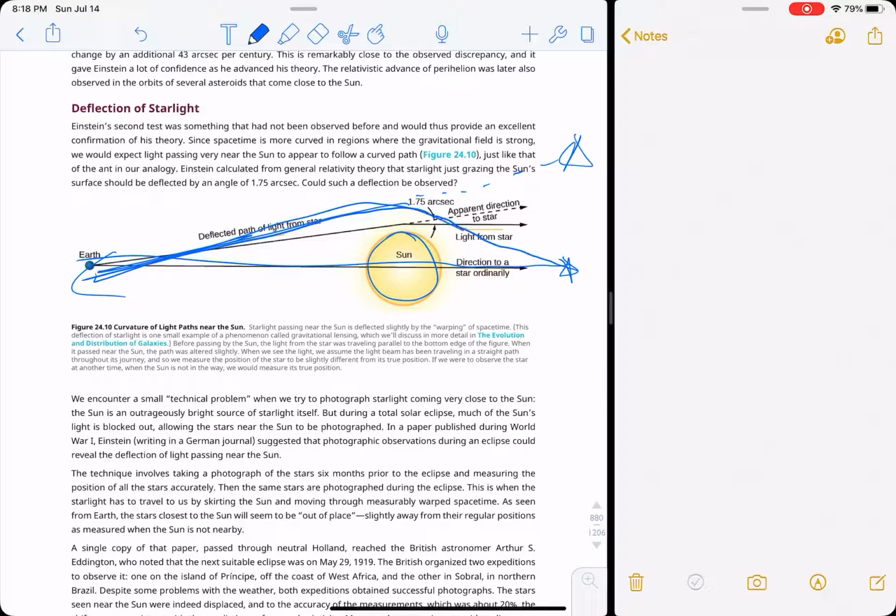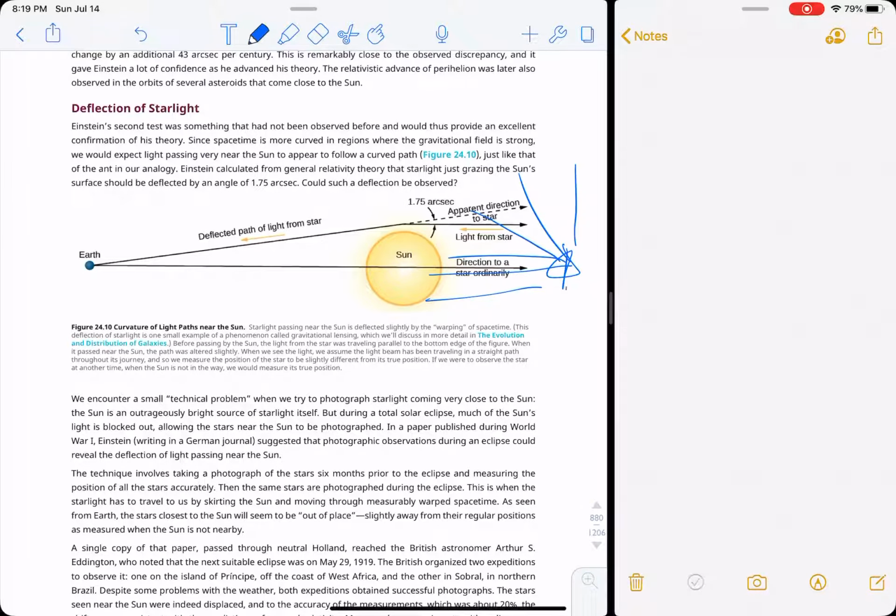We can't see that it turned around the corner. Remember what Einstein says: gravity is curvature of space-time, which means light falls towards the sun. It gets deflected by the sun. So some of the light is going to be warped around the sun, giving you the illusion that the star is up there.